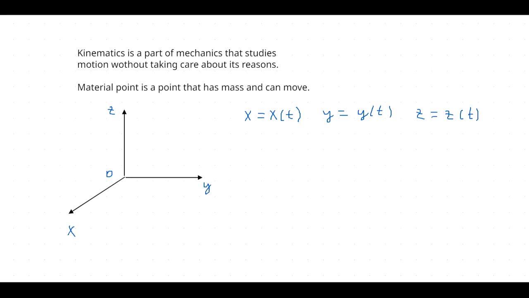There is another way to define the position of material point in space. Another way is to do this with radius vector. What is radius vector? Radius vector is a vector that can be written as x i plus y j plus z k.